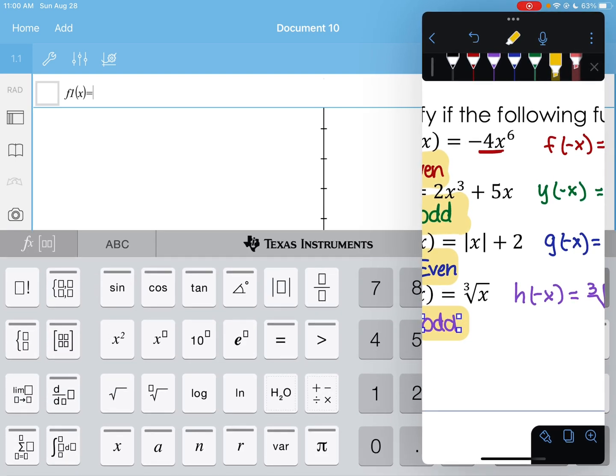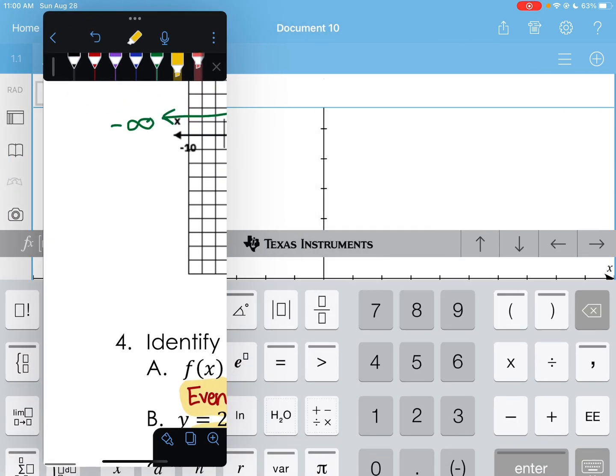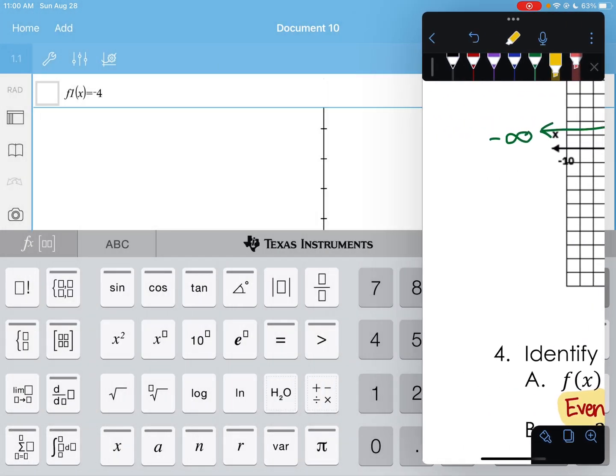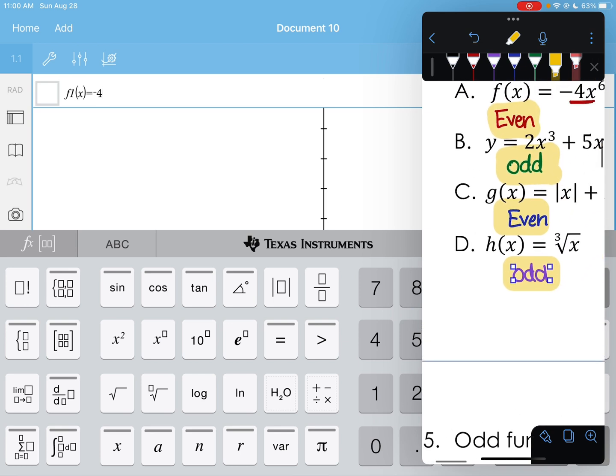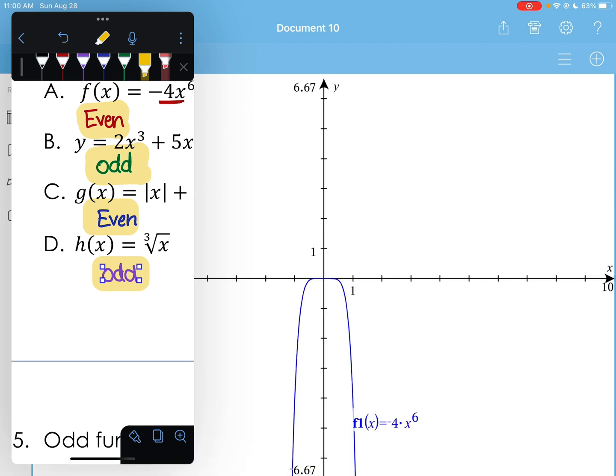You hit enter, it looks like this. Notice how this graph right here is symmetrical to the y-axis. When it's symmetrical to the y-axis, then it is an even function.